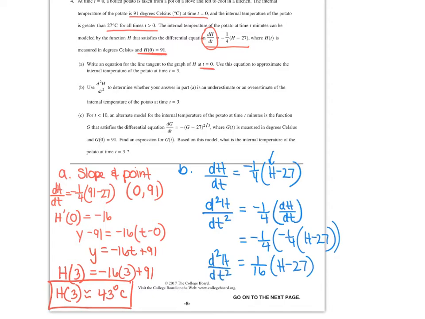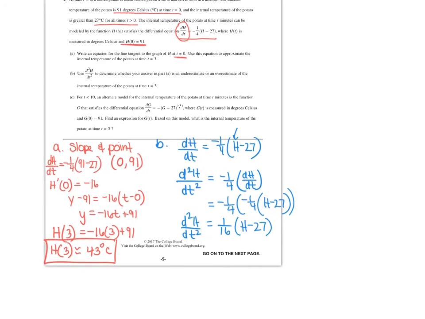So this is my rate of change of the rate of change of the internal temperature of our potato for all values of t greater than 0, and our internal temperature is also greater than 27 degrees Celsius this entire time.